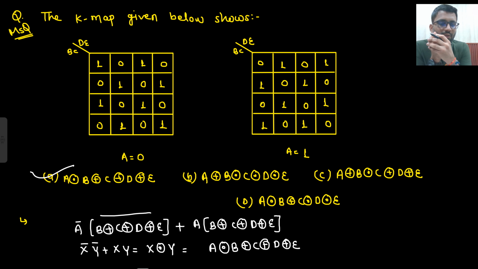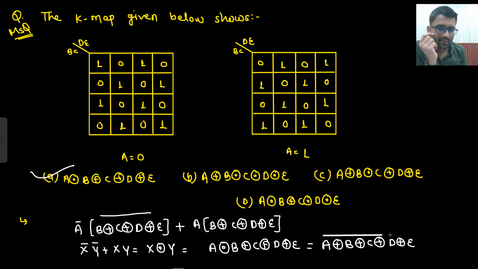What other option could be correct? Can I write this as A XOR B XOR C XOR D XOR E bar? How did I write it? Think about it and then only watch the solution. How did I write it? If I assume A as X, XOR, this is your complete Y, sorry, XNOR.